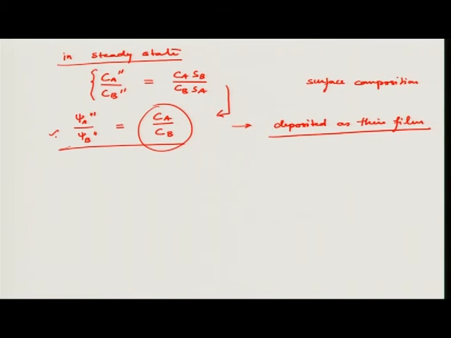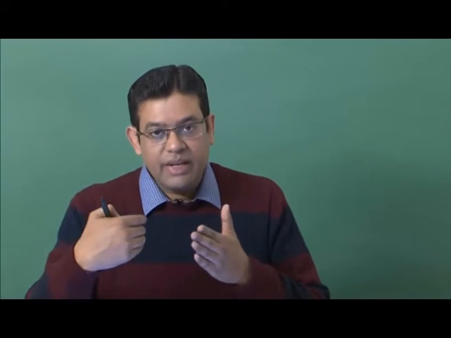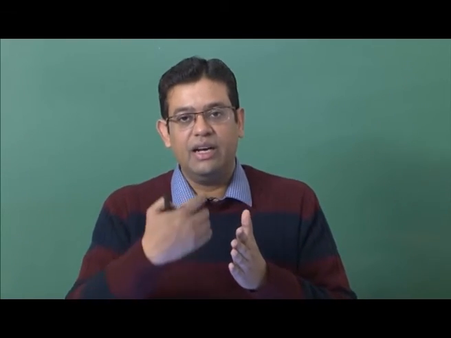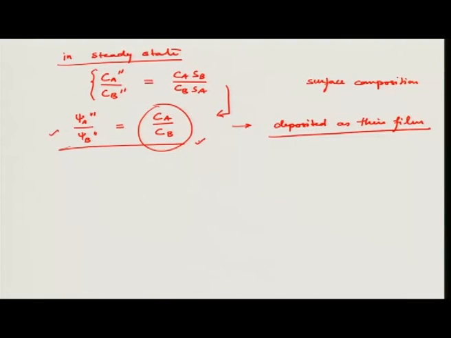Target composition is still Ca over Cb, but the dynamics between the sputtering rate and the composition will play out such that you will get a steady state deposition of the composition that you want. So now you can see that we can use sputtering for deposition of alloys without losing the stoichiometry.